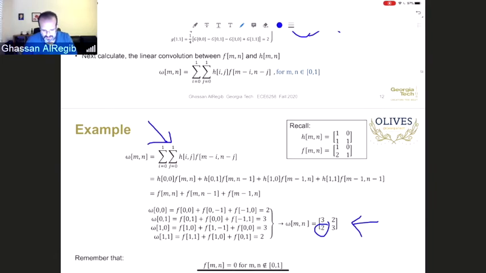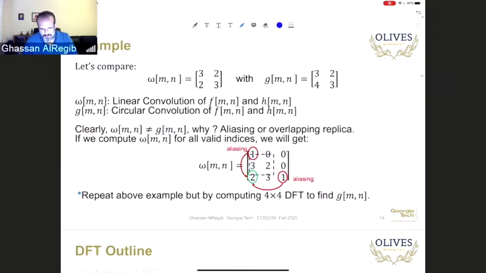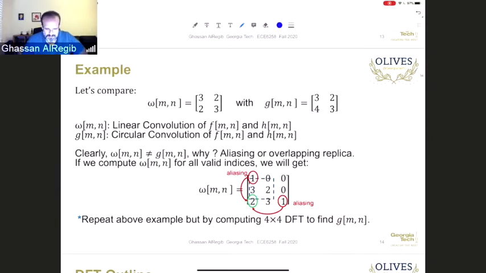And this slide in here, we went through it quickly last time to illustrate that. Remember that W size, because linear convolution is 3 by 3. And this is really the W, 1 3 2, 0 2 3, 0 0 1. And if you remember, we said if you take W and then you tile it around, the periodicity of the tiling will be equal to the size of the DFT, in this case 2 by 2.